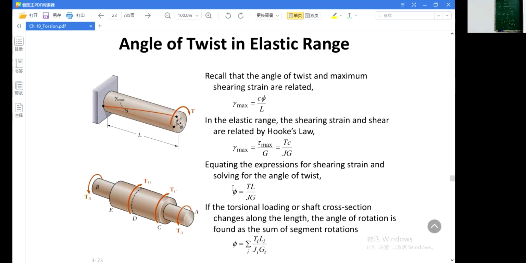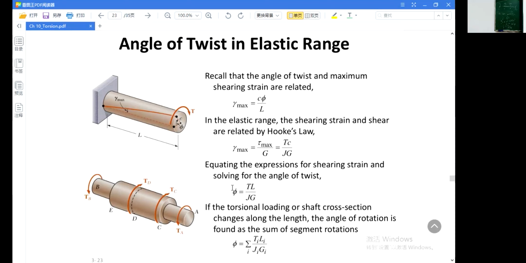Suppose it's a general shaft, every part has a different section. The areas of cross section are different, and the torque for every part is also different. How to find the relative rotation of the two ends?